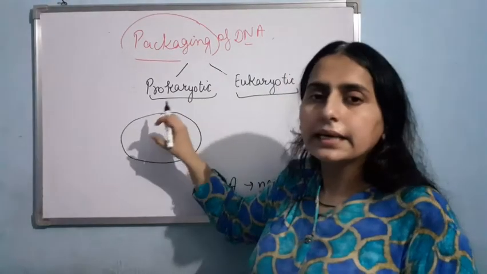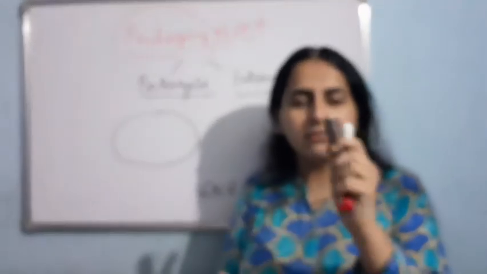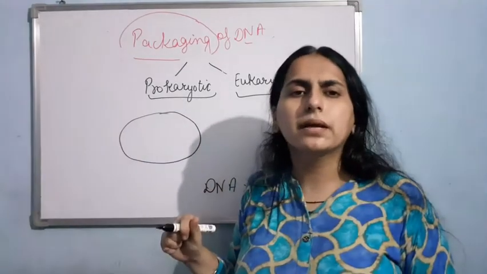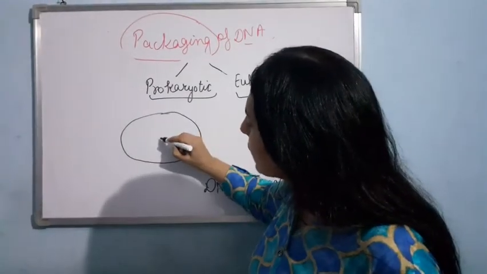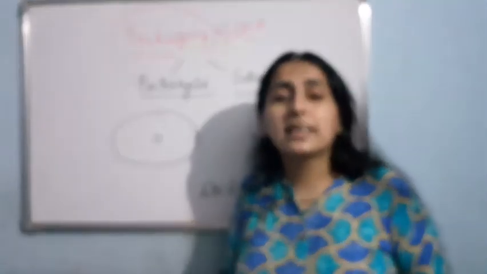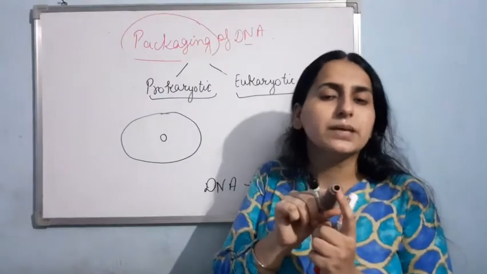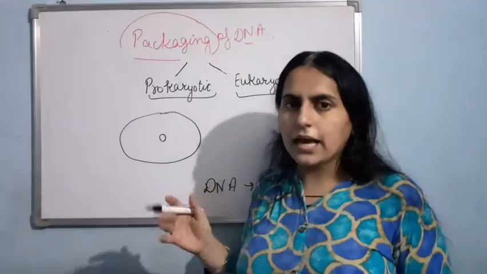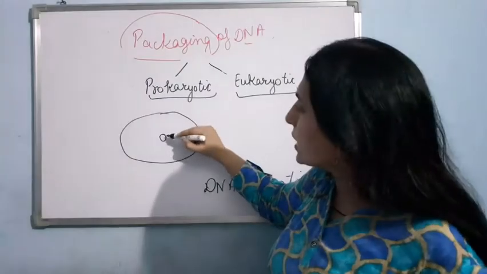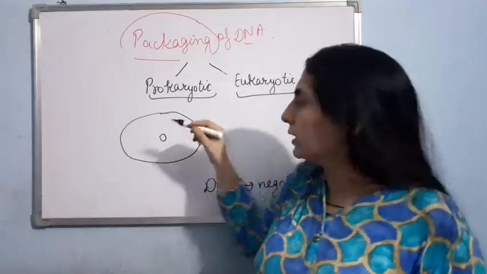So how is the DNA arranged in prokaryotes? Again, I gave you the example of binding. A similar thing is happening in them also. There are certain proteins, and these proteins carry a positive charge. These proteins basically work as this cylinder. Now the DNA, as you know, contains a negative charge. This DNA is attached to these proteins in the form of loops like this.